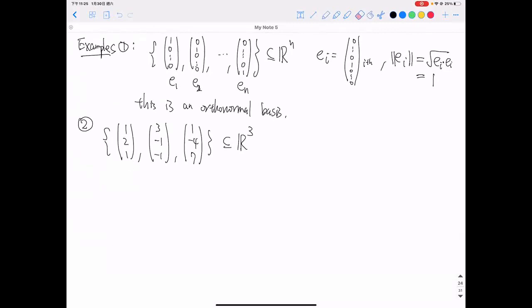Let's call these vectors v1, v2, and v3 respectively. Then we can compute their dot products, v1 dot v2, v1 dot v3, v2 dot v3.